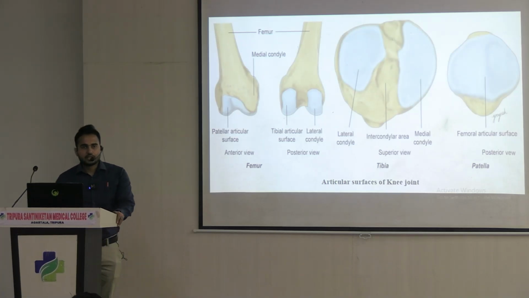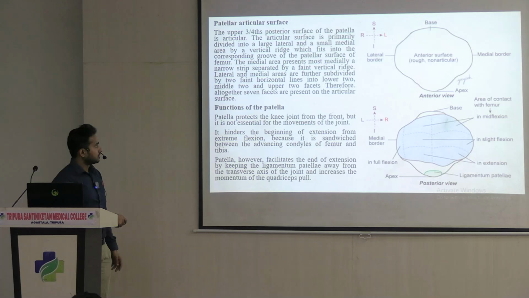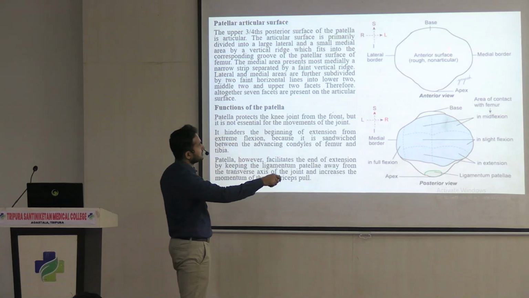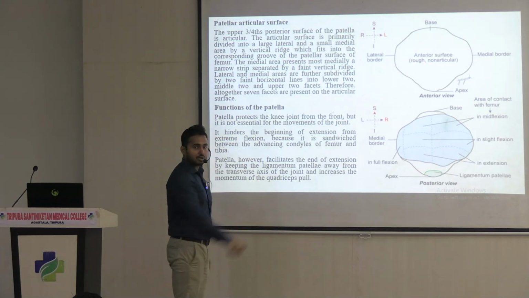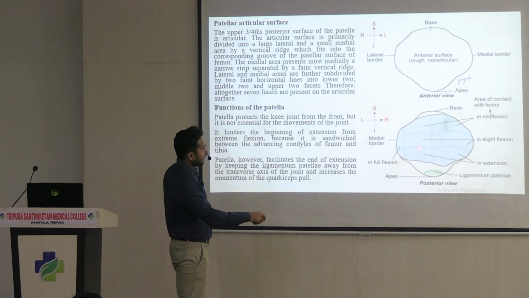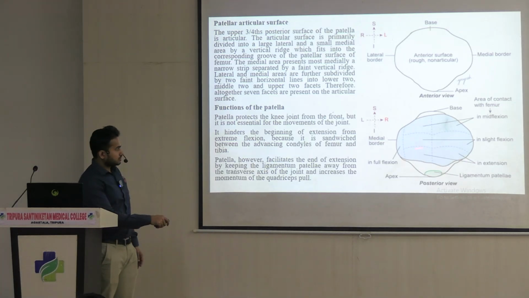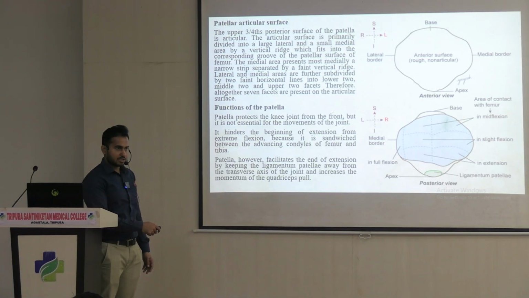Next is the patellar articular surface. Now here you can see the patellar articular surface. So in case of patella, the surfaces: you can see this is the anterior surface which is rough, non-articular, and this is the articular surface of the patella. Now, have you studied this one in osteology class?